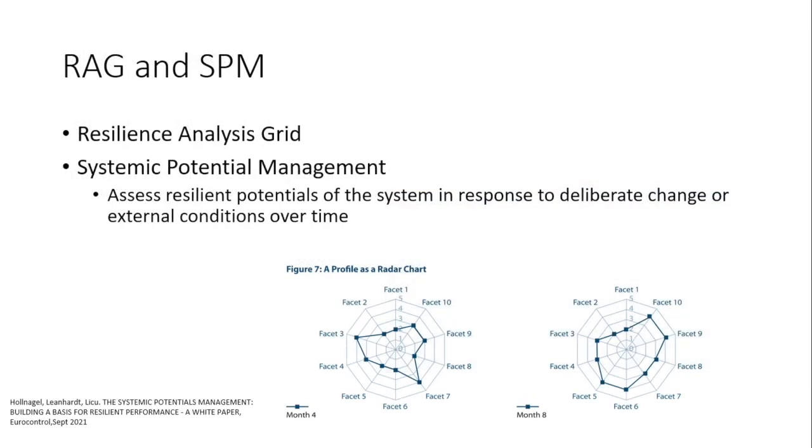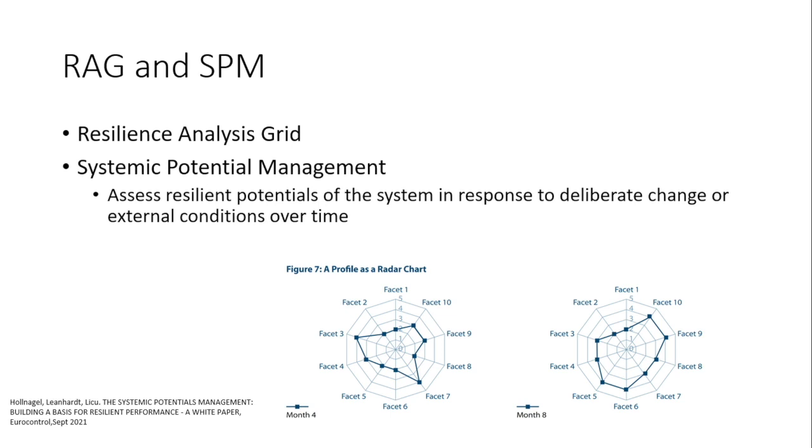So what does this look like? This is just a generic example of what a radar graph might look like. And we often see the resilience analysis grid in radar graphs. It can also be done as a FRAM, but I'm going to let Axel deal with that because I'm not an expert on FRAM by any stretch of the imagination. So in any case, it's presented as a radar chart.